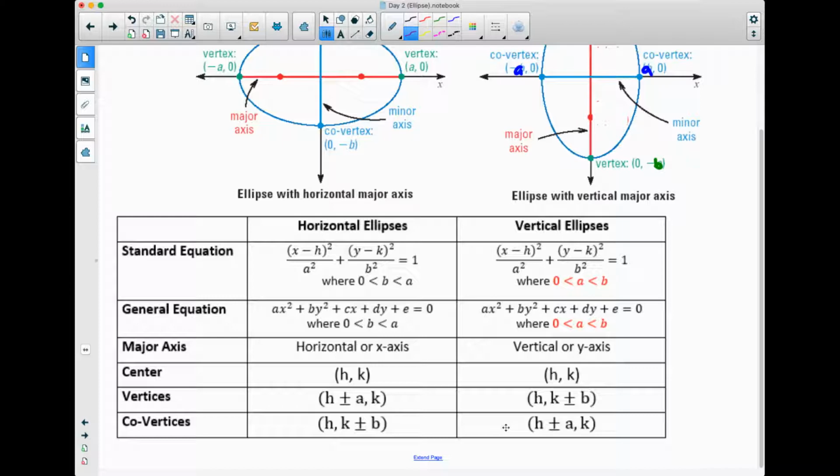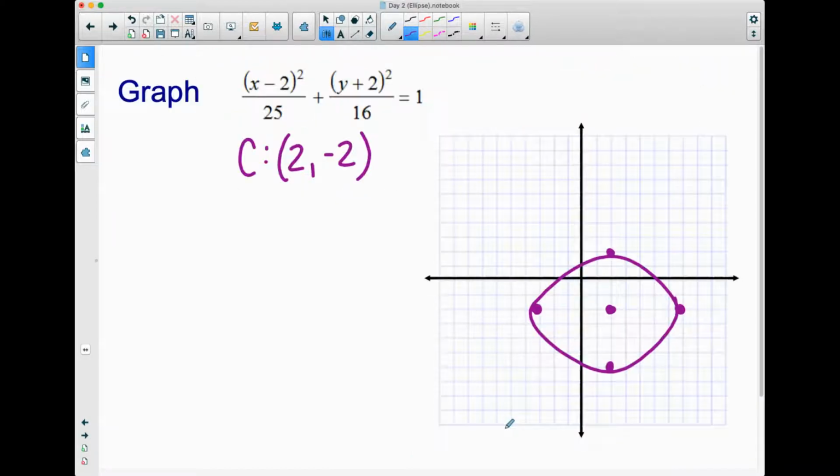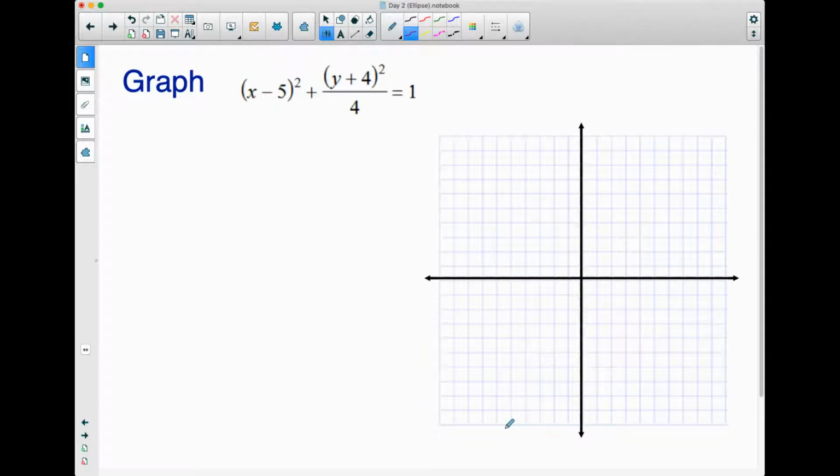Then if I want to know what the vertices are and what the co-vertices are, it's easier for me to remember how to count left and right and pull that actual ordered pair out than remember, was it H plus or minus A, or was it B, or was it K, and all the things. So graphing these and then pulling out the information is 10 times easier, because, again, remember all the things we got to remember in general. This is something to not force. Okay, let's go back to our notes. Try this one.